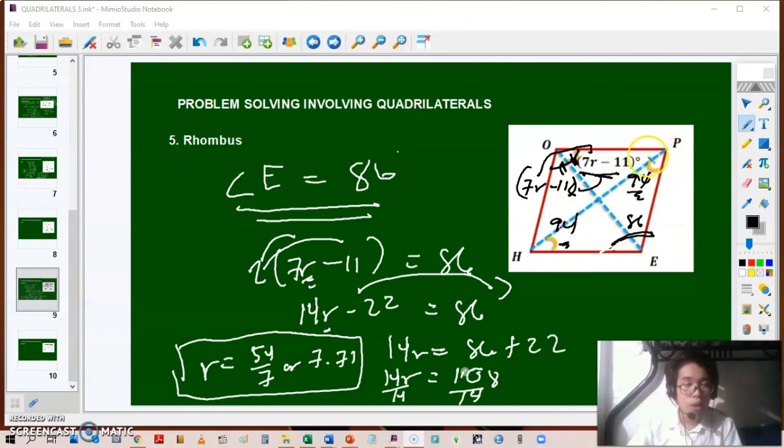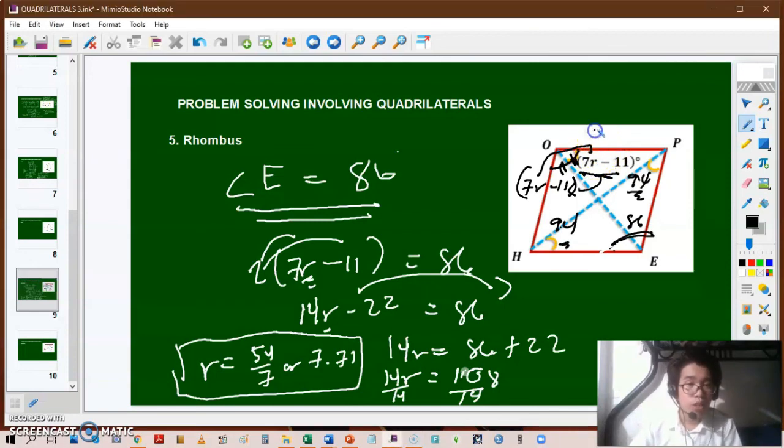And since angle POE is the same as angle EOH, they have the same measurement, so that's 43 degrees. So 43 plus 43, what's 43 plus 43? You get 86 degrees, which is also the measurement of angle E.